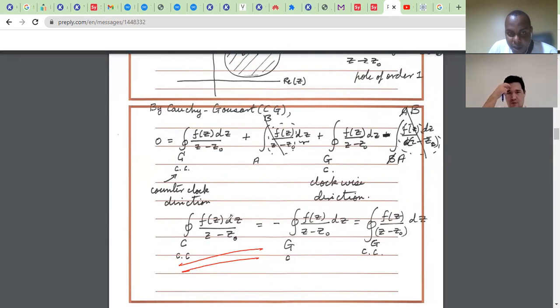So this is the integral f(z) dz divided by z minus z naught, right? Yes.